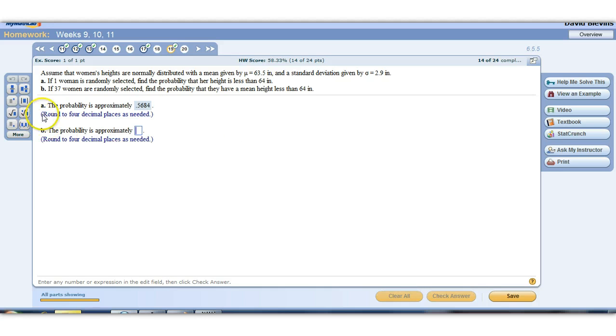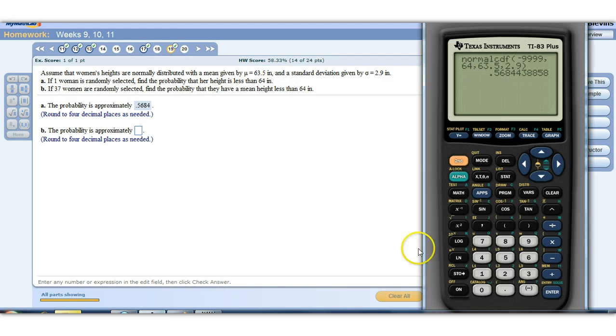Now second one, 37 women are randomly selected. We want to find the probability they have a mean height less than that. So once again, this time, same area that we're looking for, less than 64 inches. So negative 9999 stops at 64.